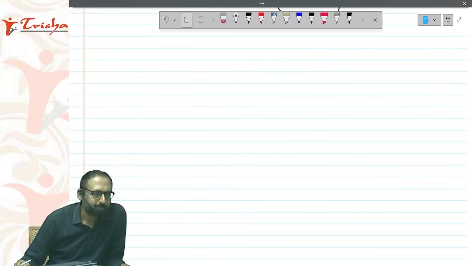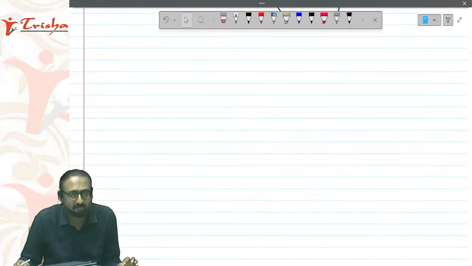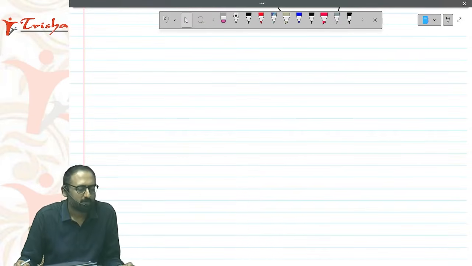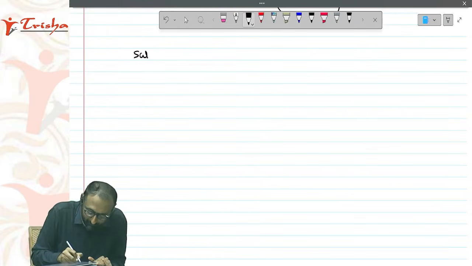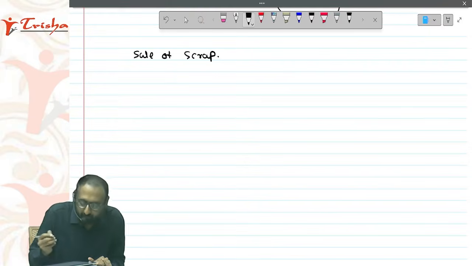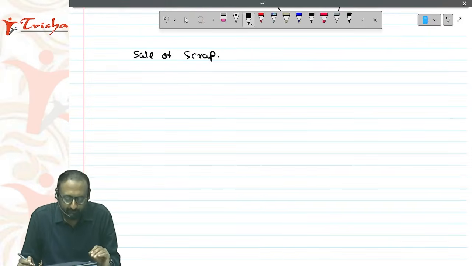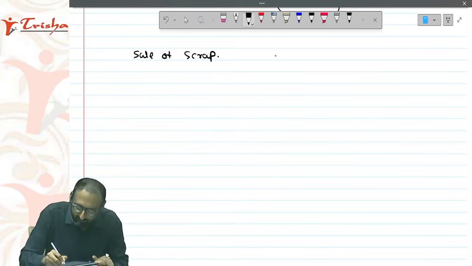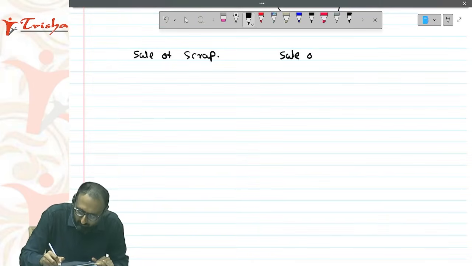In so many examinations, the institute asks this adjustment in the cost sheet, and that adjustment is sale of scrap. Sale of scrap treatment is different.